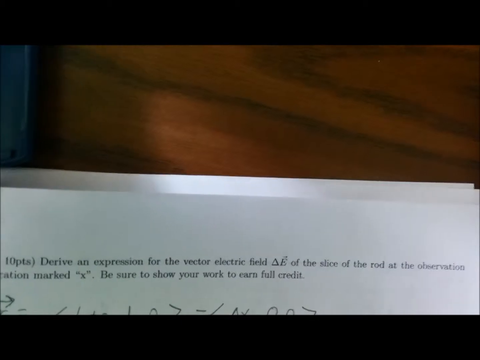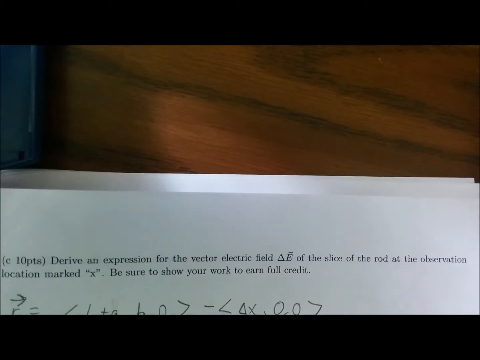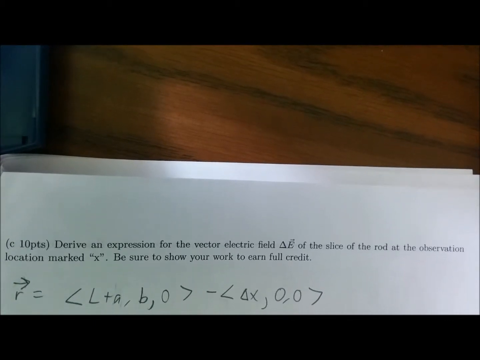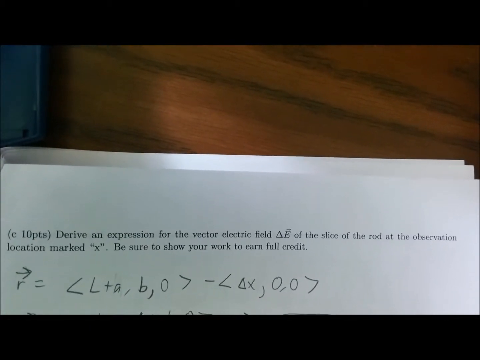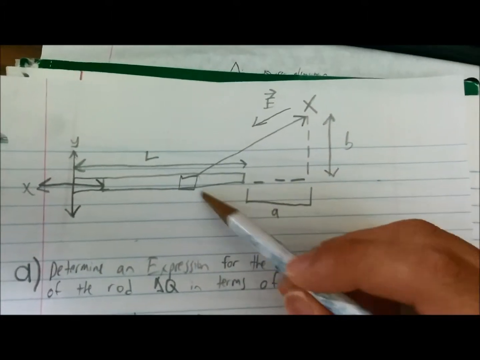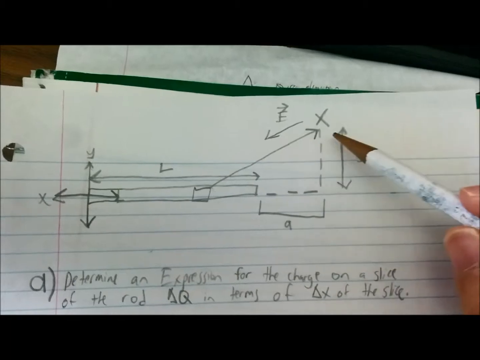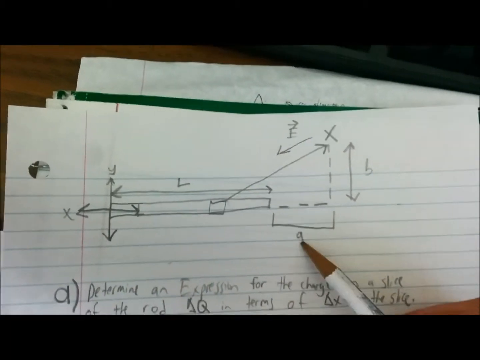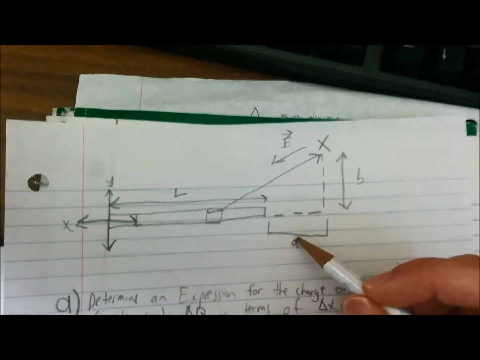Alright, so for part C, it's asking us to derive an expression for the vector field delta E of the slice of the rod at the observation location marked X. Here, the observation location, you can tell, is the length of the rod plus this A value, which we don't know.